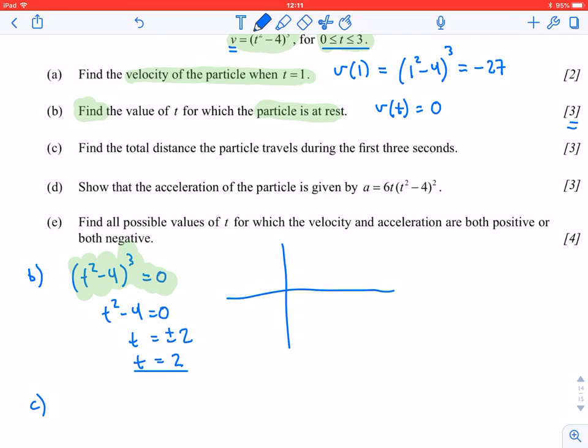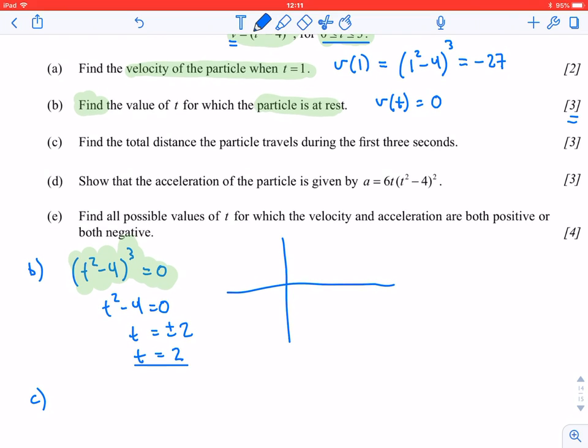It then asks us for the total distance the particle travels. This is the piece that is new. Remember that distance is the integral, and it says the first 3 seconds, so let's go t equals 0 to t equals 3.